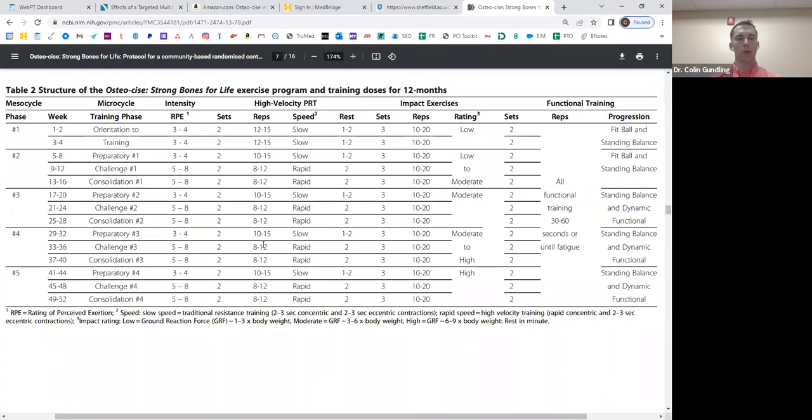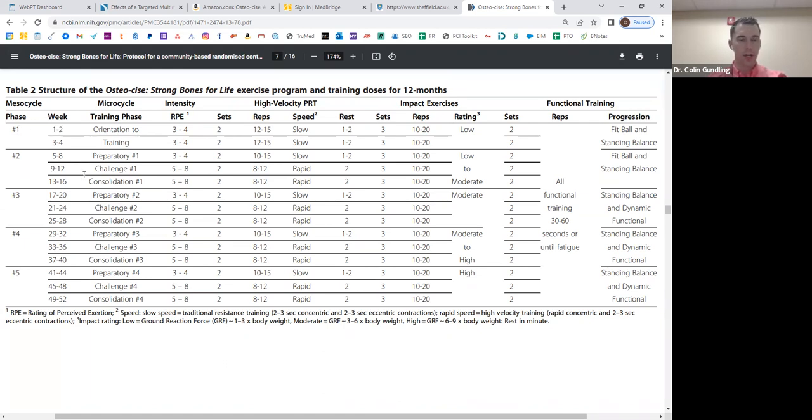This trial was called Osteosize, so I guess it's specific to osteoporosis. And the idea is to build strong bones for life. This program is a 12-month program. So you can already see, just like I said, they're acknowledging that it takes a while. So 12 months to work on this program.